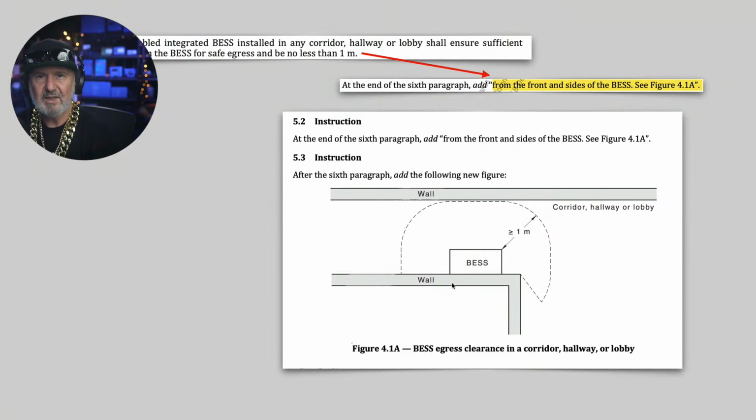And then additionally, there's a diagram showing that extends around corners as well to a 45-degree angle. So it's another addition of another figure showing that curved sweep of 1 metre from the sides right around to 45 degrees if there is a corner adjacent. So yeah, those are the egress requirements.